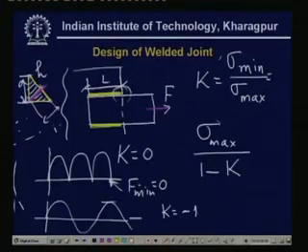So for different values of k we have these values. This is the allowable loading for the variable loading case.